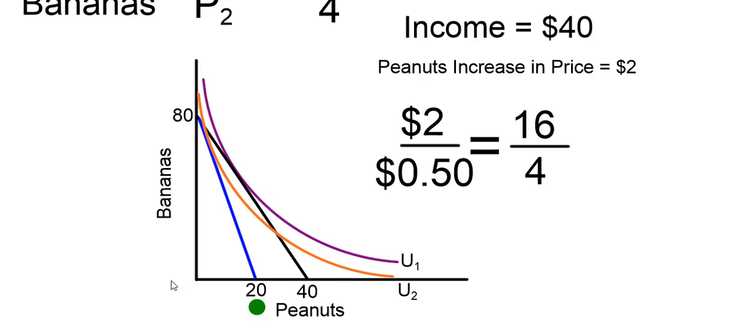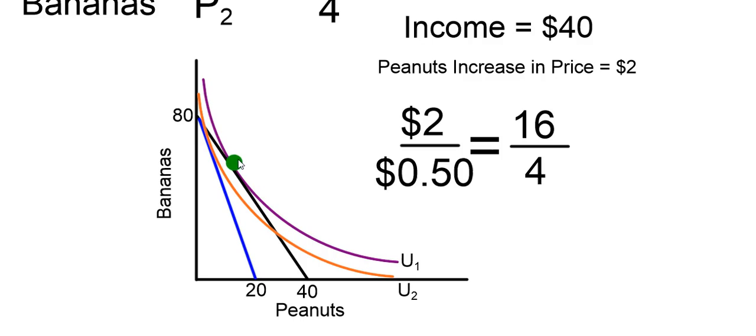Okay, so now we've changed our budget constraint from the black to the blue, and we're going to have to go to a lower indifference curve here and find that point where it's a tangent, and that's going to be at a slope of 4, right? So it's going to be even steeper, and it's somewhere in here. And so if we look, she's moving from here, somewhere in here, to somewhere up here. So she's obviously buying fewer peanuts.